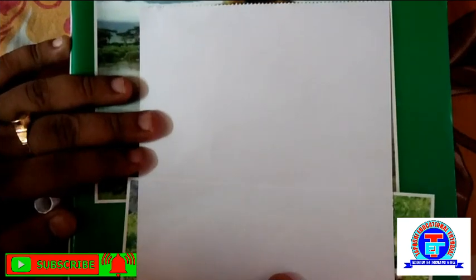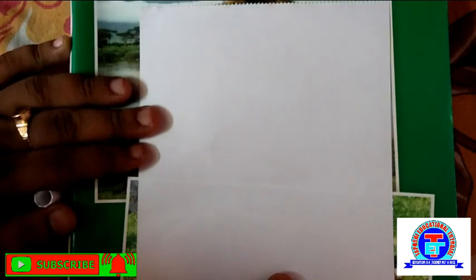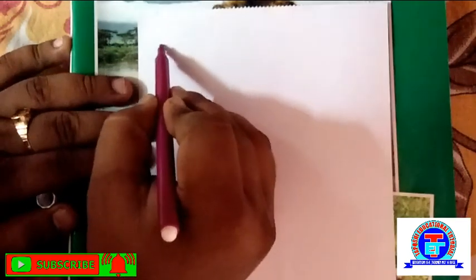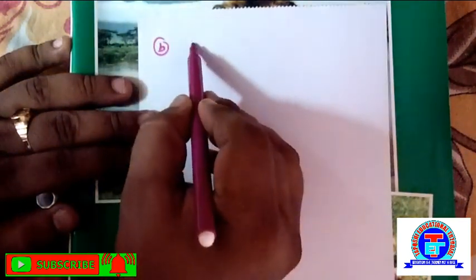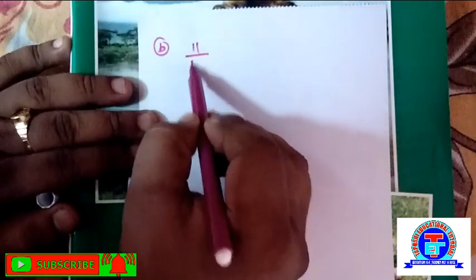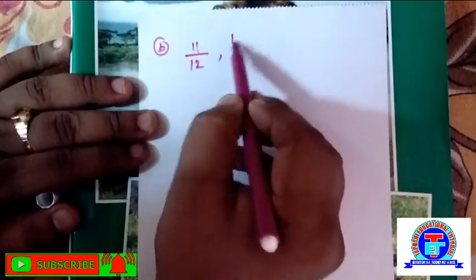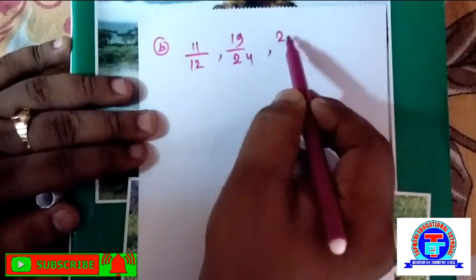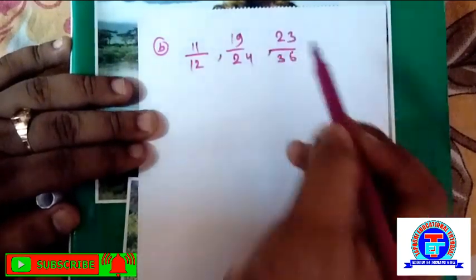Here we learn another problem, ascending order and descending order. Here given are the numbers 11 by 12, 19 by 24 and 23 by 36.